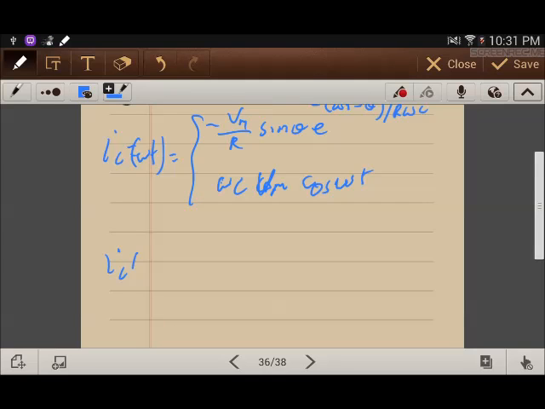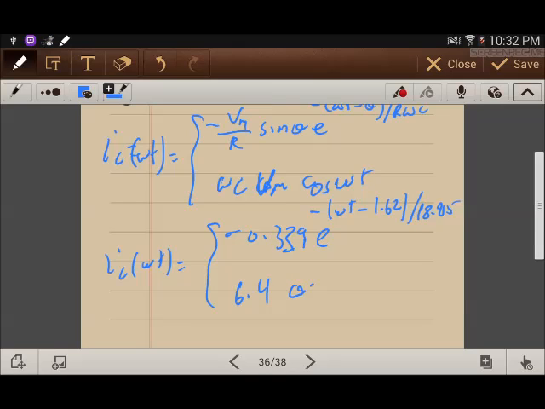Then IC as a function of omega t is equal to minus 0.339 e to the power of minus (omega t minus 1.62 radian) divided by 18.85, and here 6.4 cosine omega t, which is 377t.